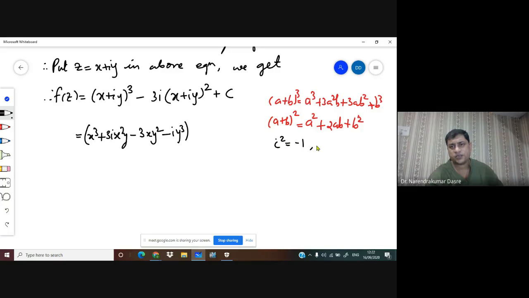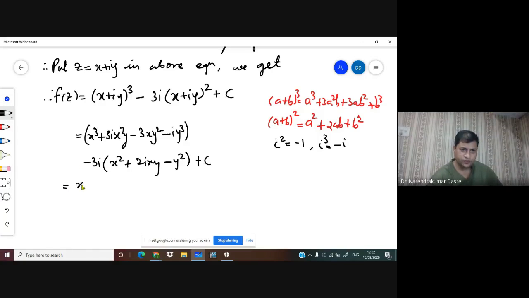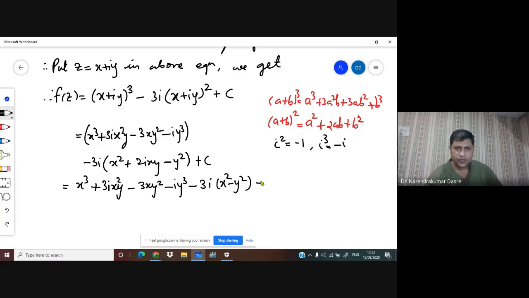Here i square is equal to minus 1, i cube is equal to minus i, and then minus 3i times x square plus 2i xy minus y square, plus c. So simplifying, we have x cube plus 3i x square y minus 3xy square minus i y cube, minus 3i (x square minus y square), plus 6xy plus c. Minus times i square gives minus, and minus minus becomes plus.